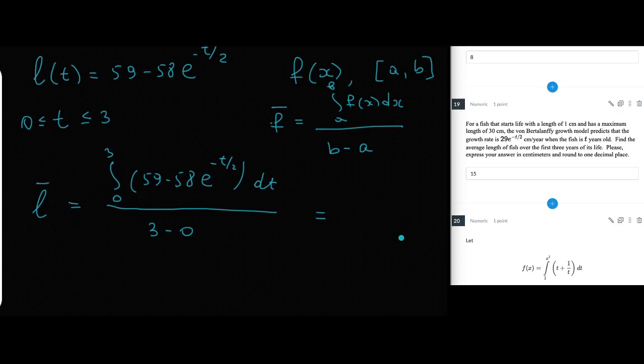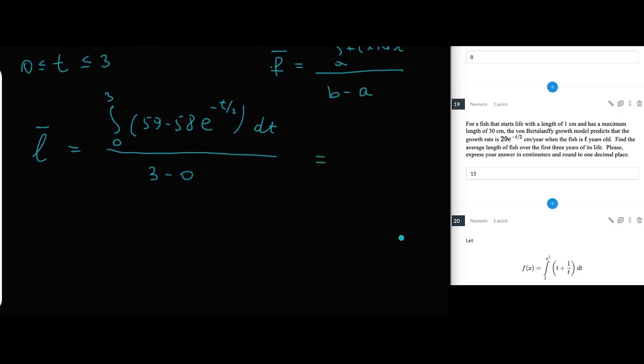Now the integration is not complicated. Dividing by 3, I'll put in front as a constant 1/3. Then the antiderivative of 59 is 59t. You can make a substitution, u equals negative t over 2, and work out the second part of your antiderivative.